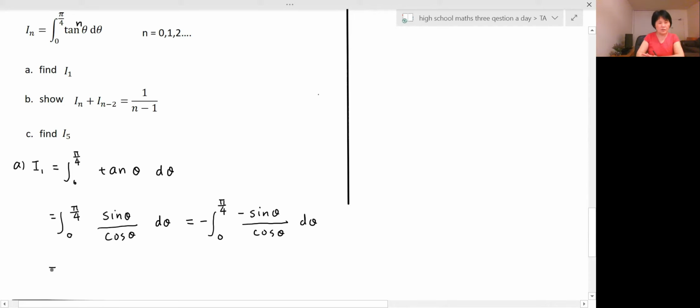Okay, if I do the bottom derivative, the derivative of cosine theta is minus sine theta. So the top is the derivative of the bottom.